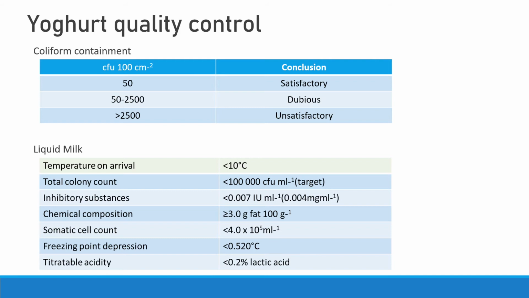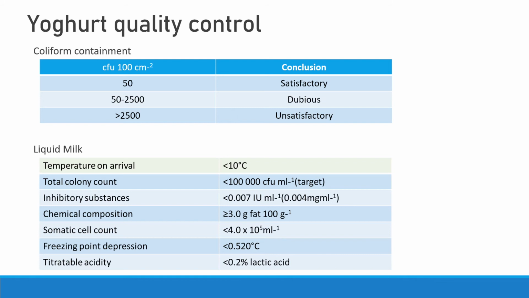The total colony count is less than 100,000 CFU per ml. And for the inhibitory substances, it's less than 0.007 IU per ml, or the same as 0.004 milligram per ml.